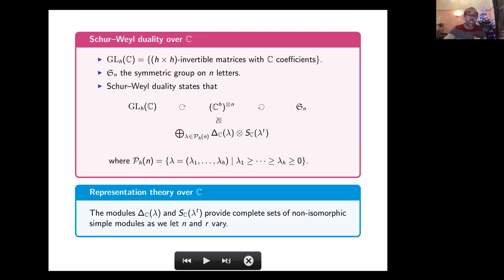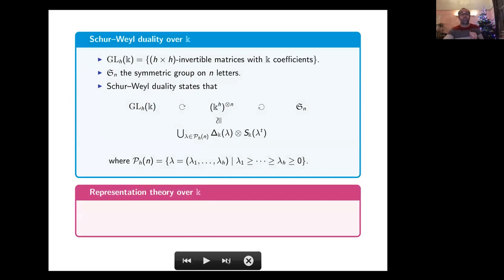And the reason I did this over the complex numbers was so that I could then say, aha, the same thing holds in characteristic p, except that I've replaced this direct sum with a filtration. So now tensor space has the same filtration by these partitions lambda into at most h non-zero parts of n.